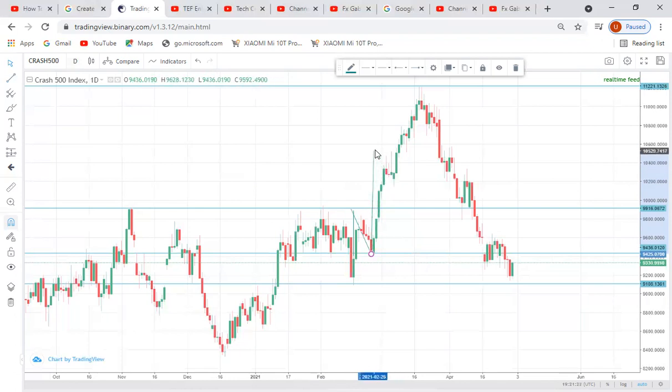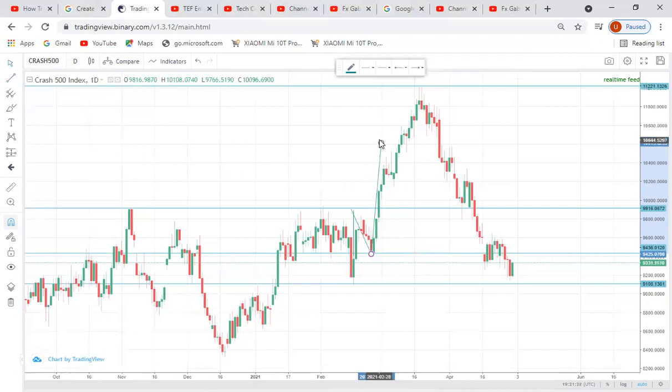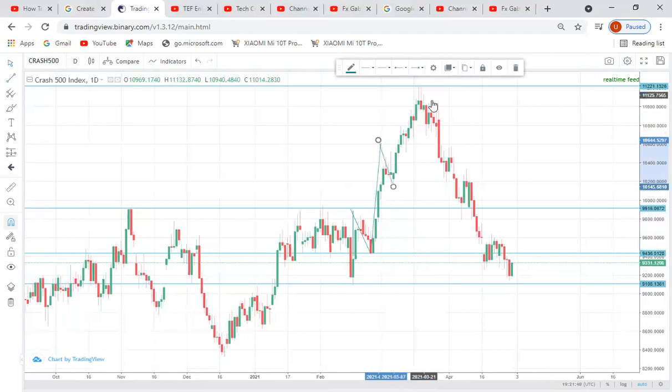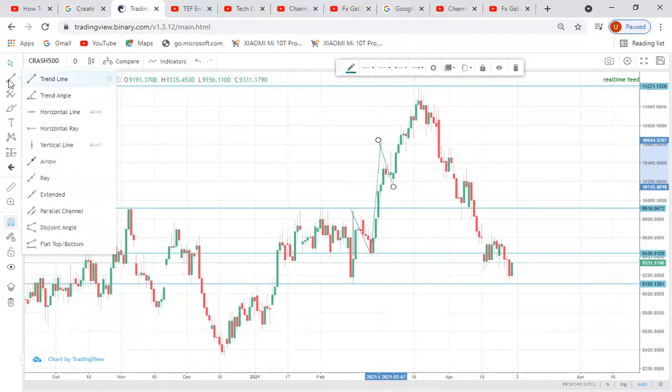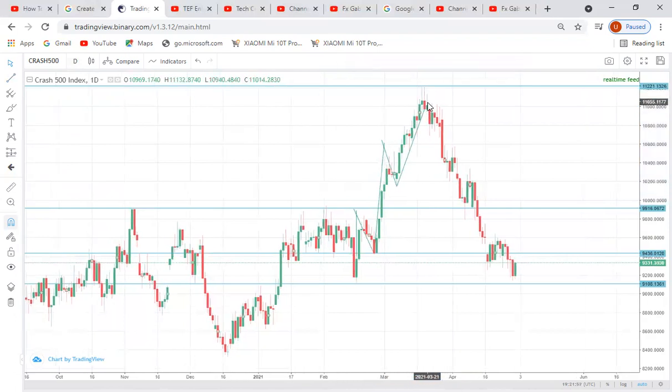Possibly if we move like this, we're supposed to have pullbacks because the market is not moving in a straight direction. It moves and reacts in a particular direction and then gains more momentum which it uses to move up.